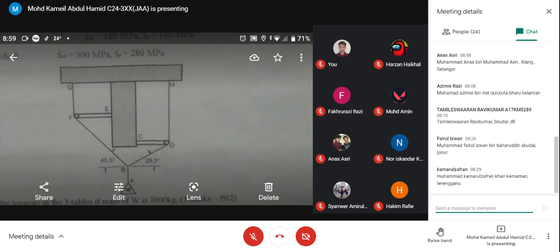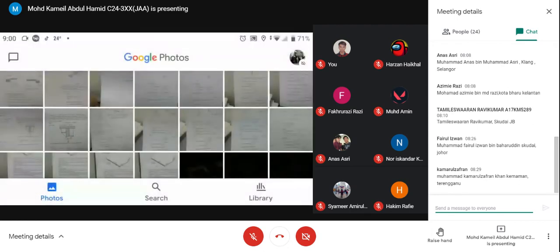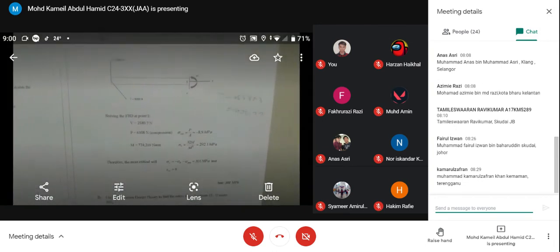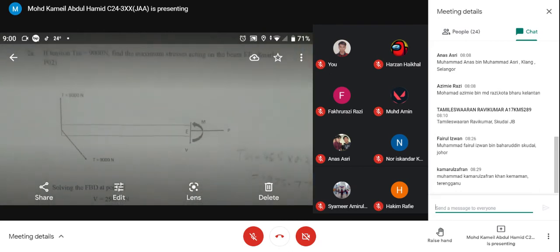F is a pulley, so FG equals FB. So FG and FB are now 9,000 Newton. That is the FBD from before. This is clearer. So this is the FBD: 9,000 Newton going up and 9,000 Newton going down, because it is passing through the pulley.